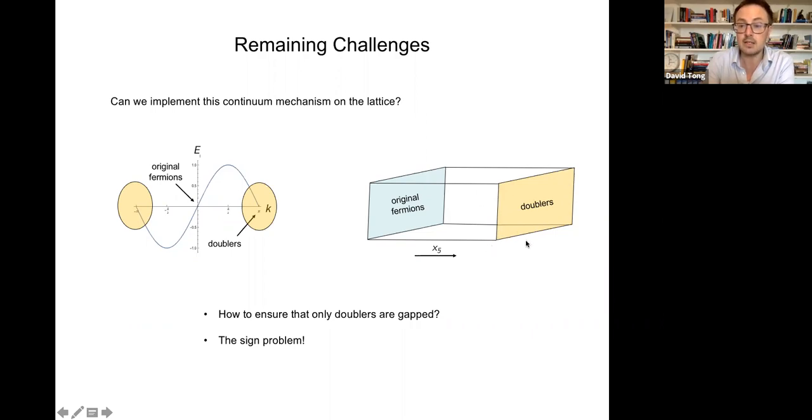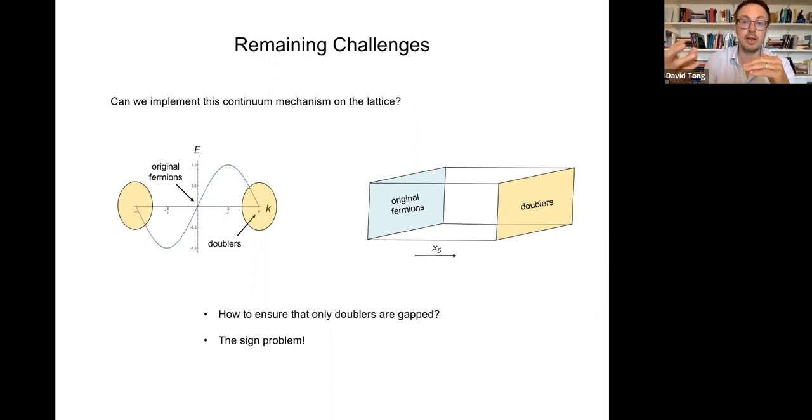So that's the challenge, is somehow to take the theory that I have, the continuum theory, and discretize it. And I stress that all the additional stuff I needed was not in itself a chiral gauge theory. If it turned out that I could gap chiral fermions only by introducing an extra chiral theory, then that would be game over because I'd just still have the problem of putting that new chiral theory on the lattice.